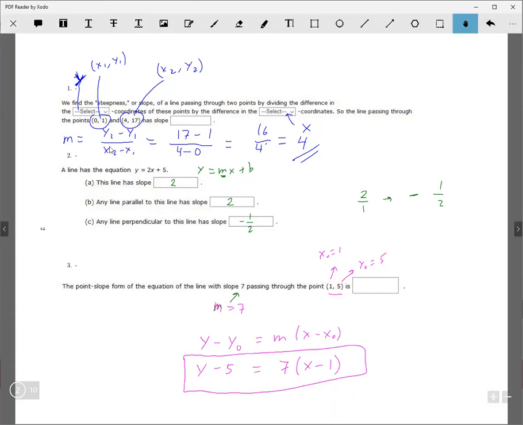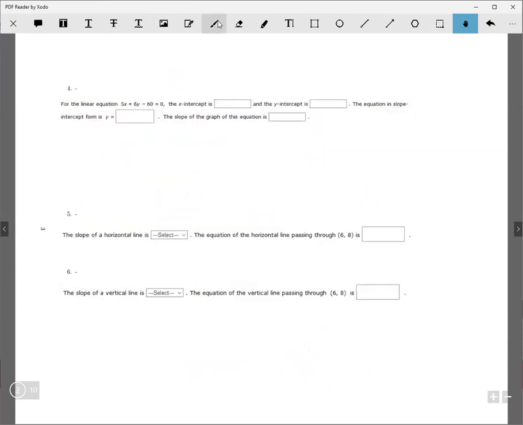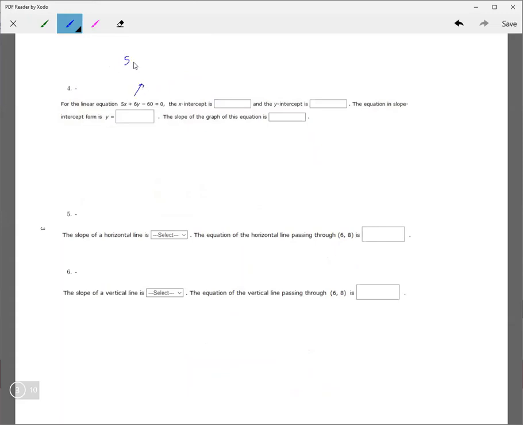Okay, let's go to the next one, number 4. For the linear equation, this is the general form right here. The advantage for that one is if you take this 60 to the other side, then to find the x-intercept, remember the x-intercept is where you set y equal to 0. To do that, basically I knock that out completely.